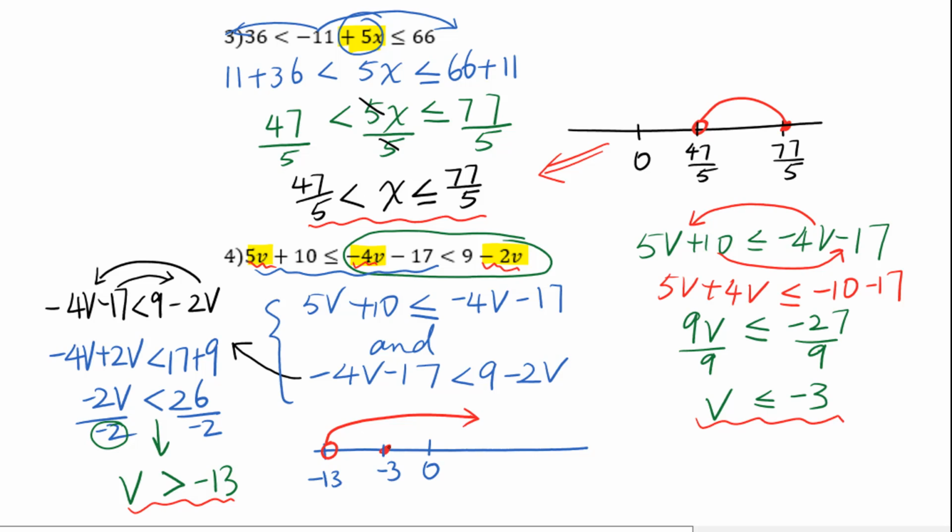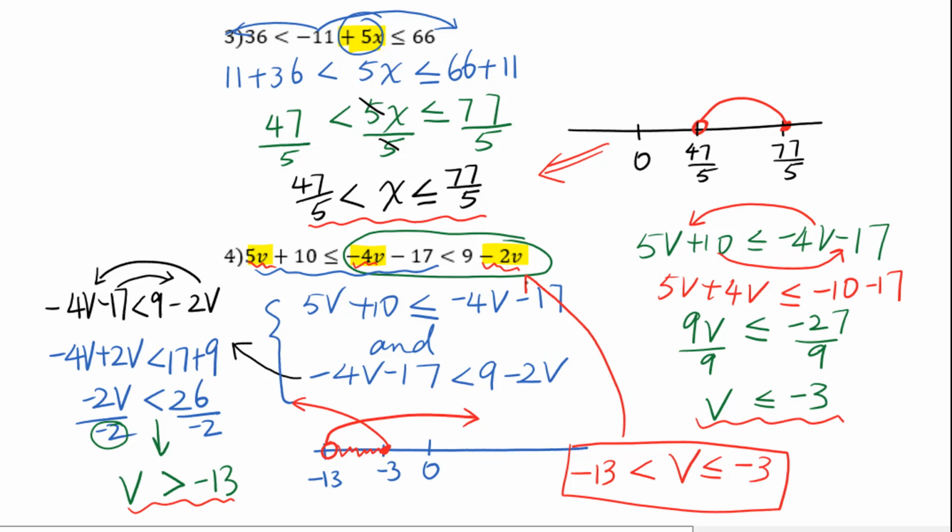Less than means to the left. So you could say the intersection will be here. In other words, v greater than negative 13 and less than or equal to negative 3 will be the solution to this compound inequality.